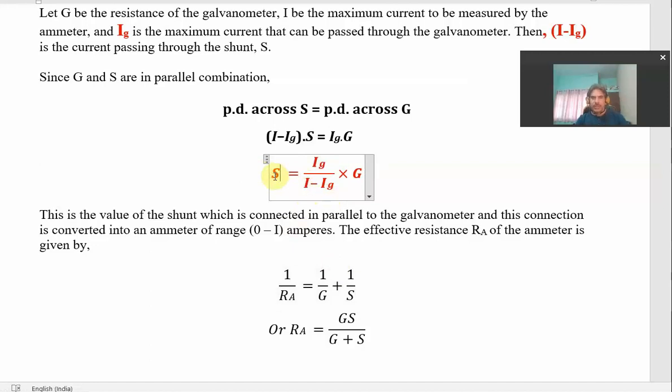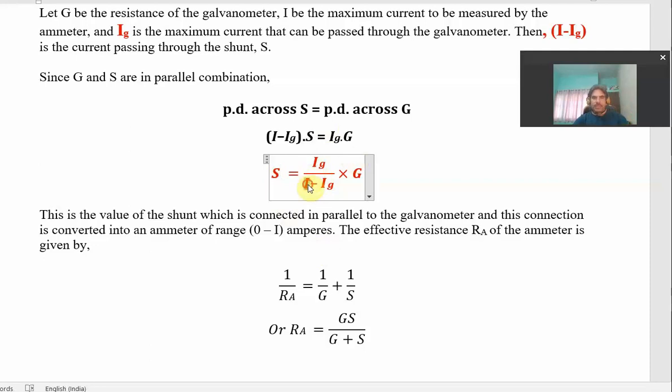How will this value get affected? If we want an ammeter of larger range from the galvanometer, that means the value of I will be higher. So that means this overall calculation will be less in number.